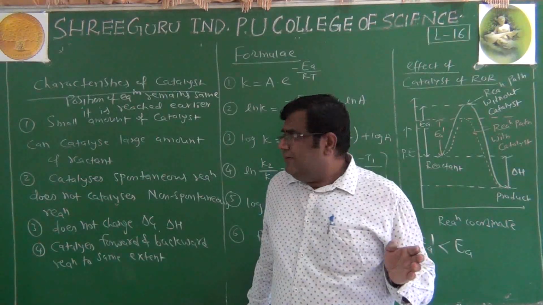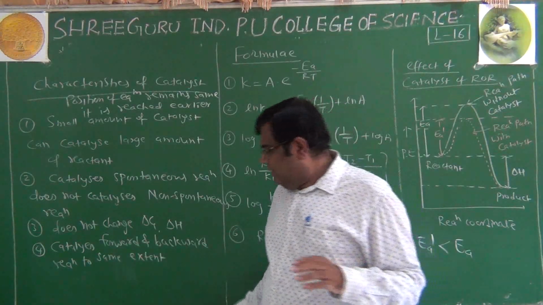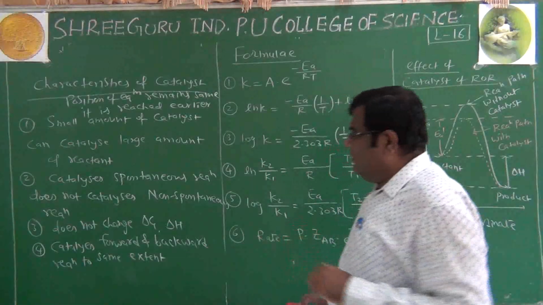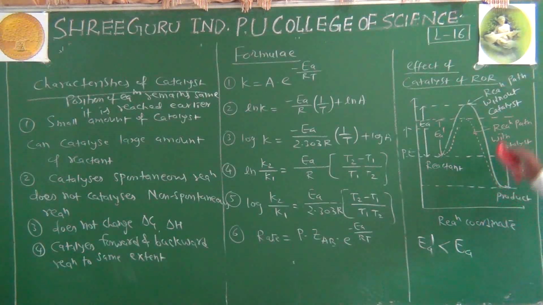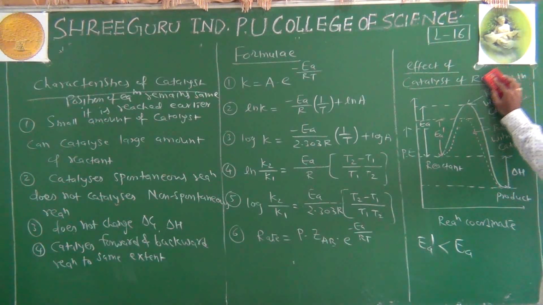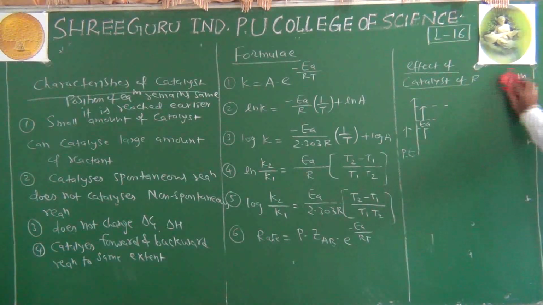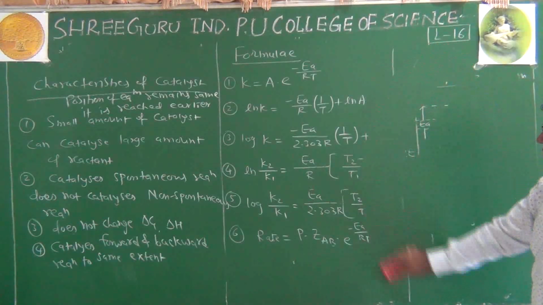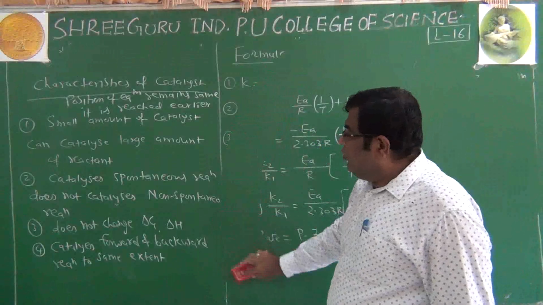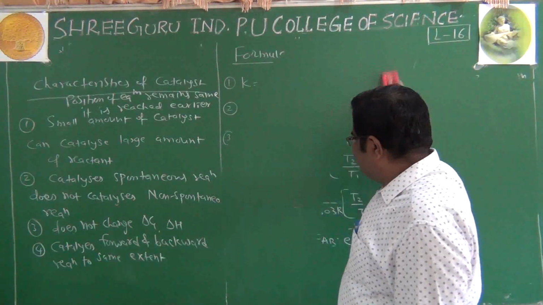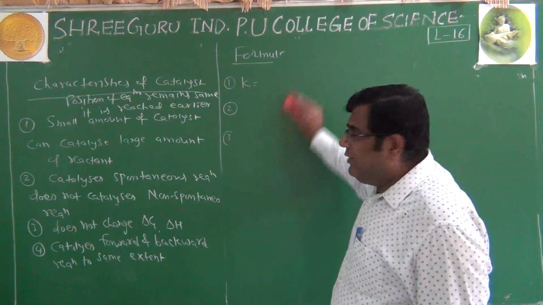So again, this part we have completed about the effect of catalyst on rate of reaction. In a simple sentence, the rate of reaction increases by use of catalyst because catalyst decreases the activation energy. Lower the value of activation energy, higher will be the rate of reaction.